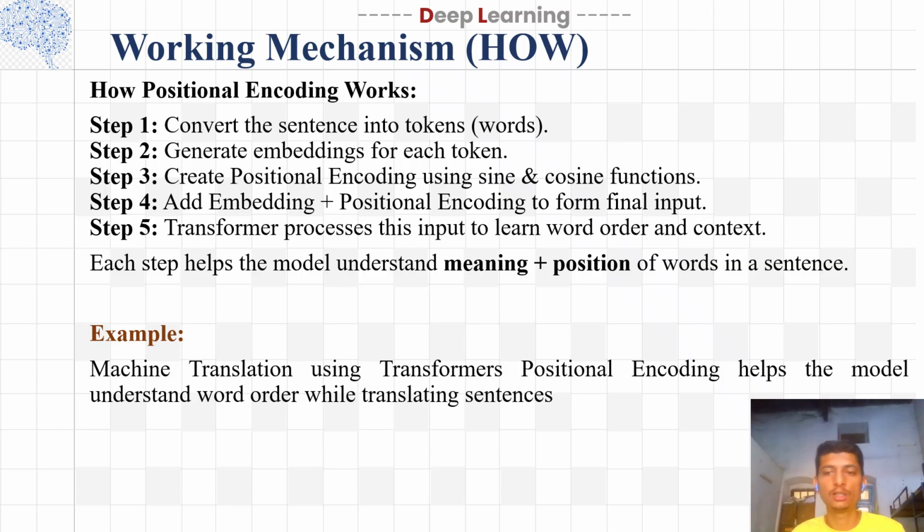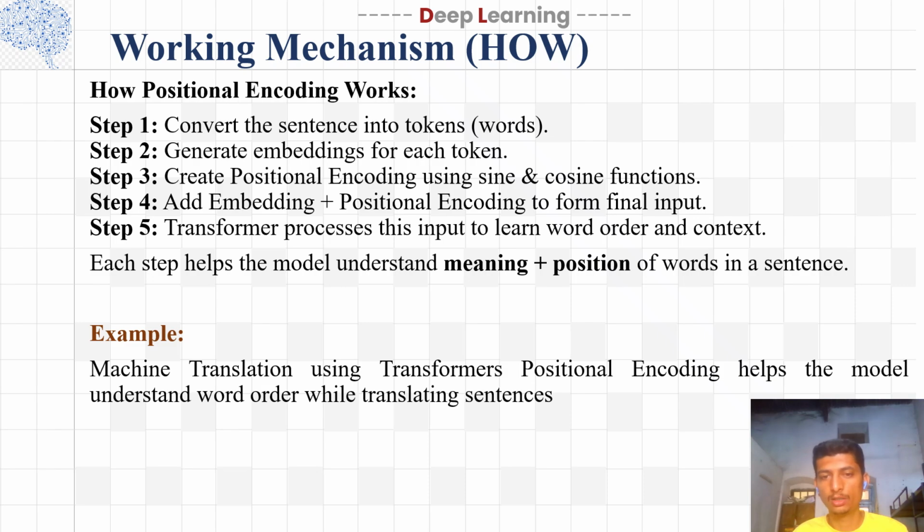That means that based on these steps, the transformer keeps the sequence of the words, which word came first, which word came last. Each step helps the model understand meaning plus position of words.